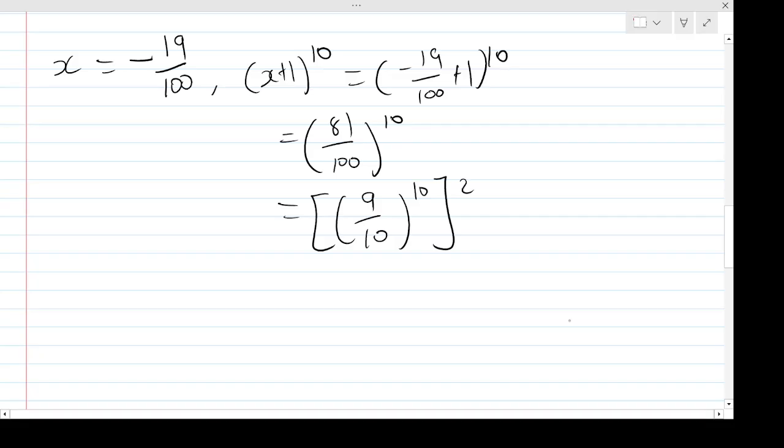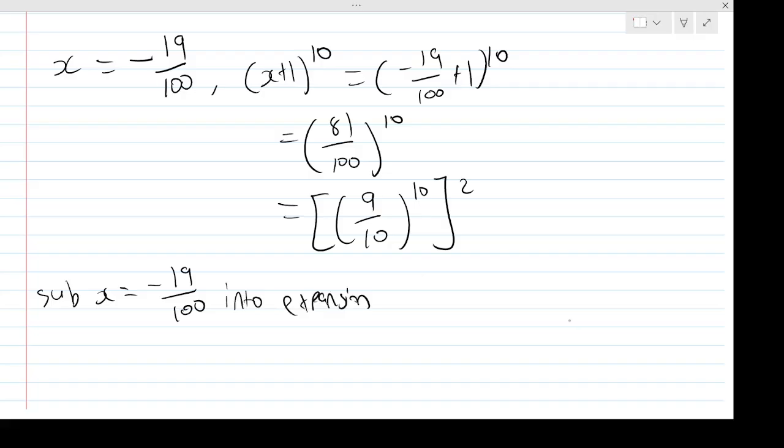Well then, if I found the expansion of this, this is ((9/10)^10) all squared, right? So then I can just square root the answer at the end. So what I'm going to do is substitute x as this value, minus 19 over 100, into my expansion. This would get the result of ((9/10)^10) all squared.